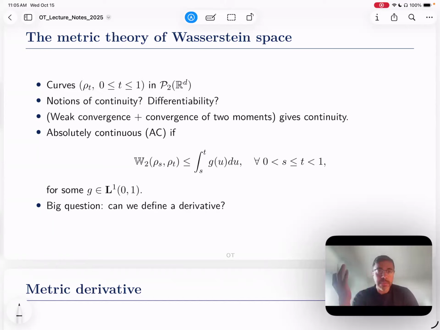If you want to sample from particular distributions, you create some Markov chains or a diffusion, or some discretization of diffusions, to sample from a certain distribution. This is one of the big problems in machine learning and artificial intelligence. The traditional way of studying these diffusions, meaning understanding their rate of convergence or how well they behave in practice, has been more probabilistic.